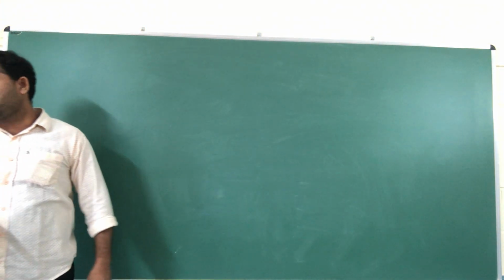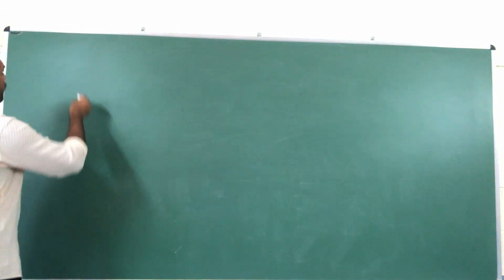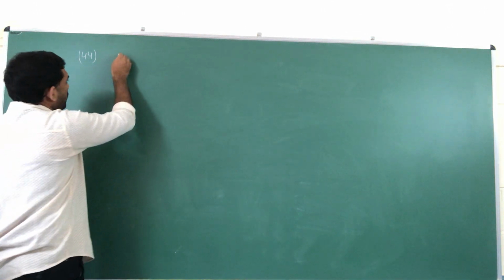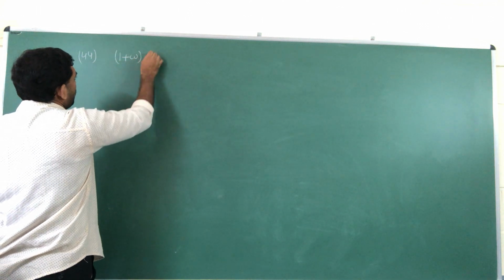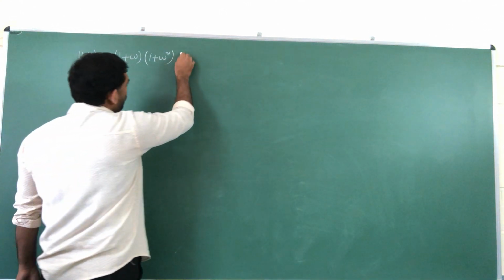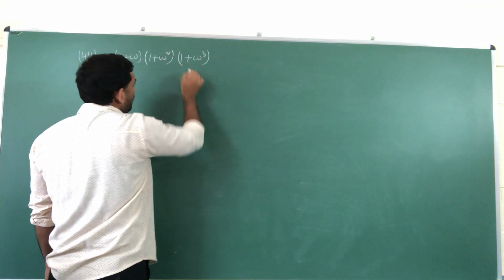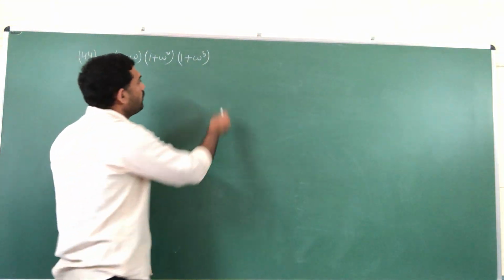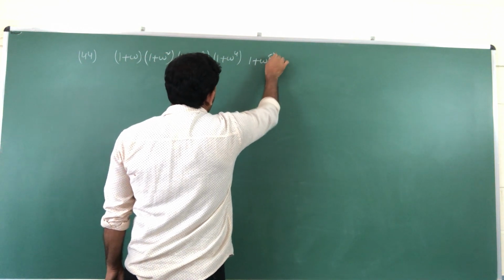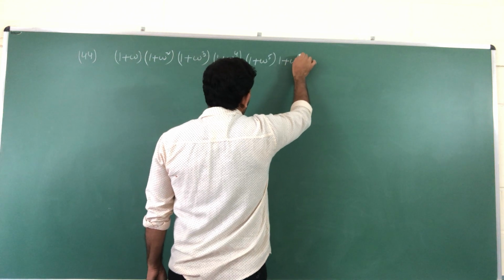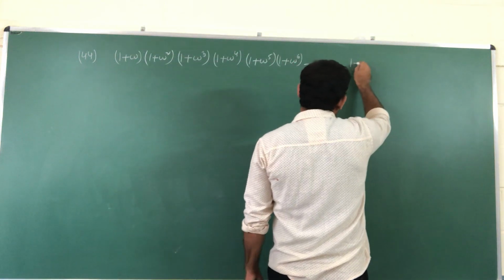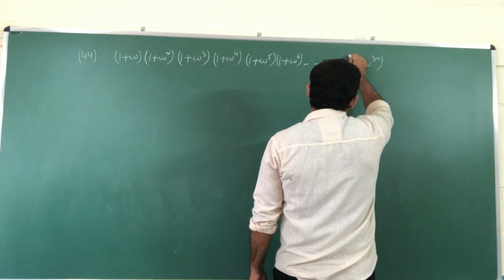Next, question number 44. The product of 1 plus omega square, 1 plus omega cube, 1 plus omega to the power 4, 1 plus omega to the power 5, 1 plus omega to the power 6, and so on up to 1 plus omega to the power 3n.